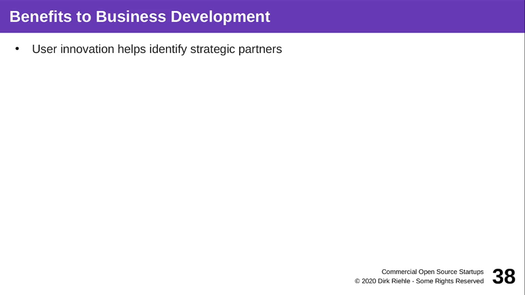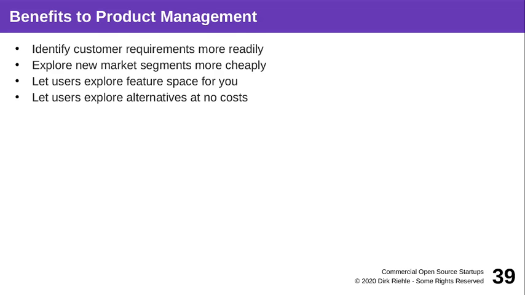So for example, SugarCRM and Jaspersoft identified each other as potential strategic partners because there were a non-trivial number of users who combined these two products using the free versions, and so these two companies identified that maybe they could work together and provide a stronger offering to customers.